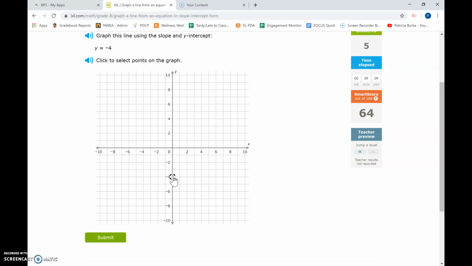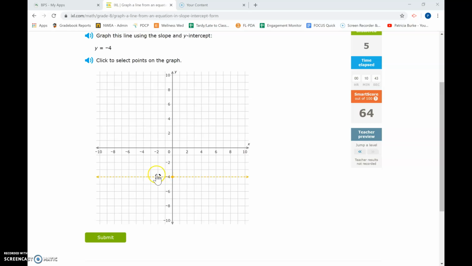So we have y equals -4, but now what? Well, we have no slope because it just says y equals -4.